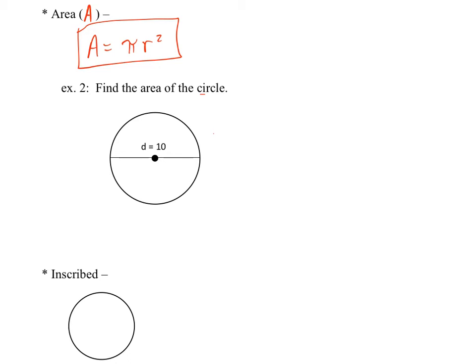Jump to the example. If we say area equals pi r squared, what do we put in for r? 5. Nice. It is tempting to do the 10, but the radius is just going to be half of that. Can I throw some units in there? I'm going to make them both centimeters. So radius is 5 centimeters, and then we need to square that 5.